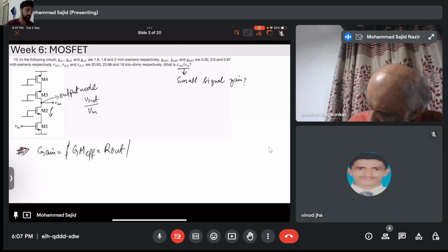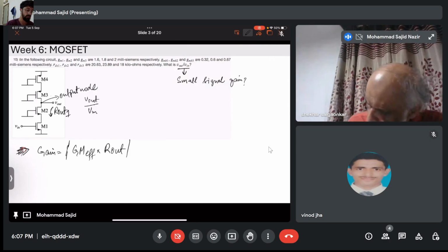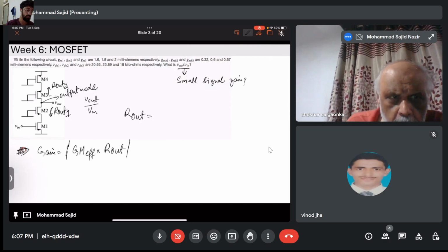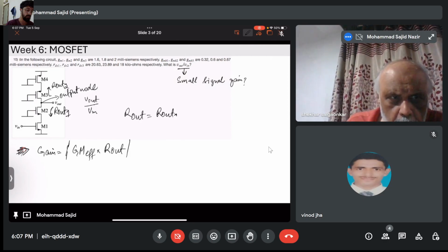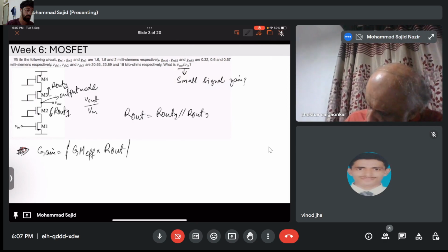And your total Rout will be this Rout1 in this direction, and Rout2 in this direction, and your Rout will be Rout1 parallel Rout2, right? So let's first see how we can calculate the resistance in this portion.